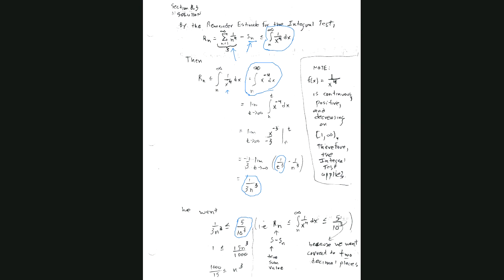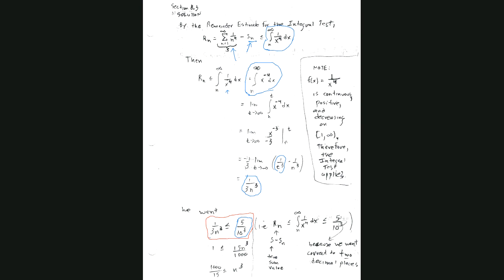If I wanted correct to 5 decimal places, I would want my remainder to be less than 5 over 10 to the 6th power. Again, we're trying to find out what n is, how many terms I need to go out in my series to get an accurate enough approximation.